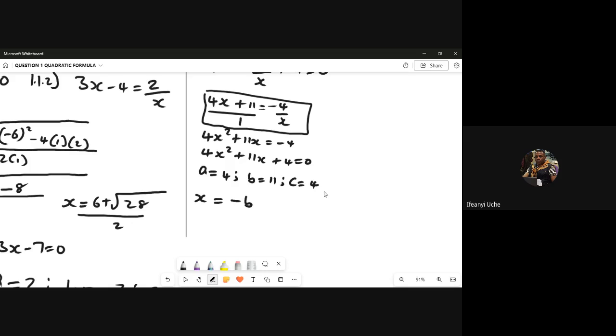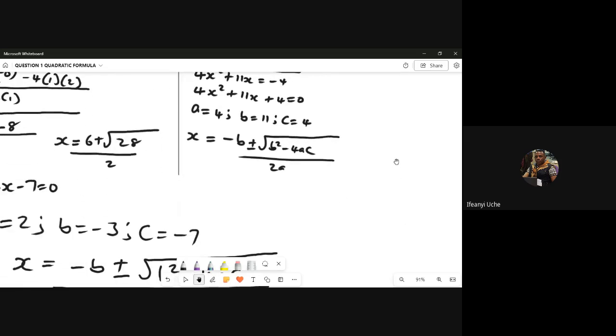We have negative b plus minus the square root of b squared minus 4ac all over 2a. Always write it first before your substitution. It will guide you. This time we'll have a positive number for b, so we just write our negative 11, not a negative and then another negative in the bracket.